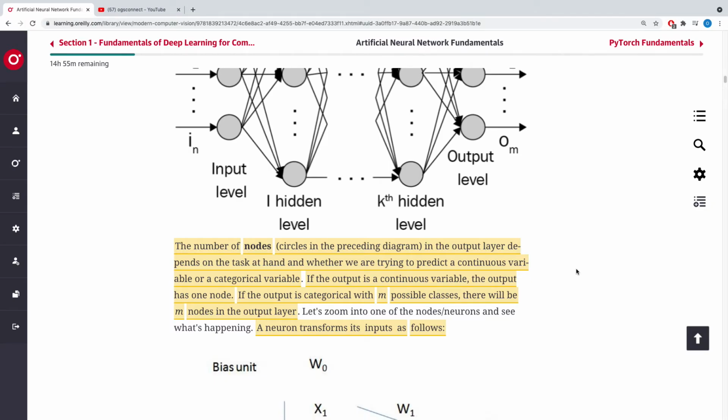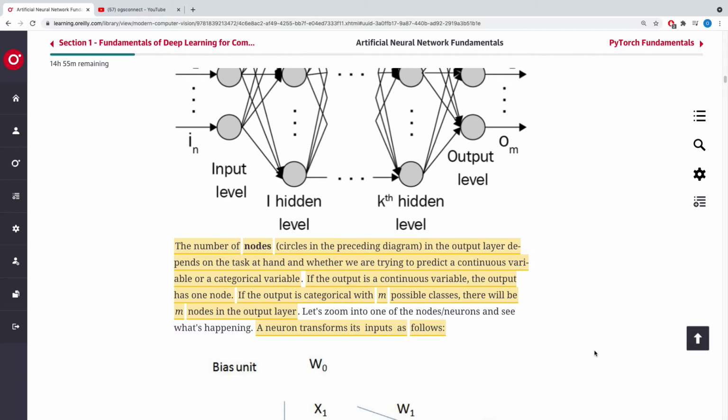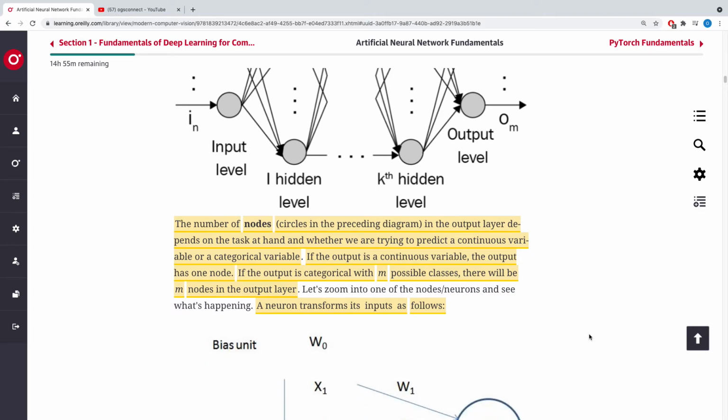The nodes are the ones represented in the circles. Now in the output layers, it depends on the task at hand, whether we try to predict a continuous variable or a categorical variable. A continuous variable is where you're trying to predict a number, let's say the price of a house. With a categorical variable, you are predicting different categories, different classes, let's say discrete classes.